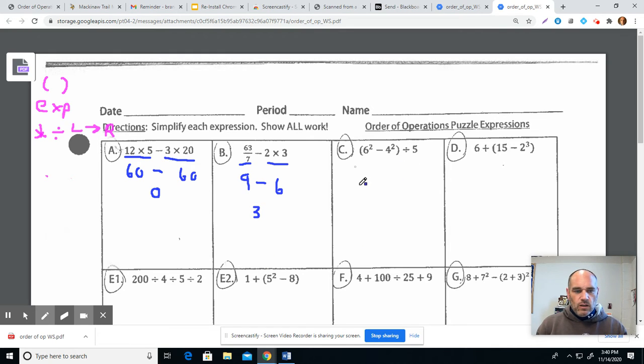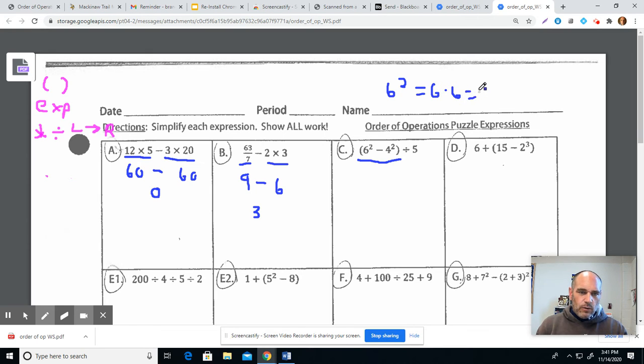All right, this one, a little more complicated. First thing I look for is, do I have any parentheses? I do. I've got parentheses right here. So I need to do the work inside of the parentheses, which inside of here there are exponents. Remember, 6 squared means 6 times 6.